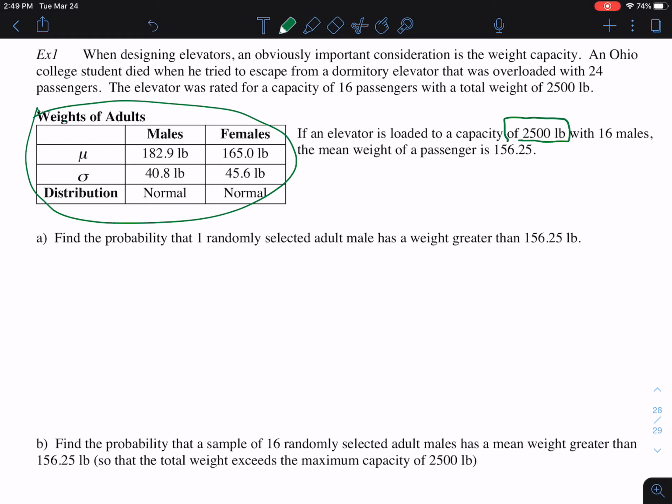So part A is to find the chance, using the data from all adult males' weights, that a randomly selected adult male has a weight that exceeds 156.25 pounds. If the probability is high, then a group of 16 adult males will likely exceed the loading capacity of this elevator. That's what we're trying to get.